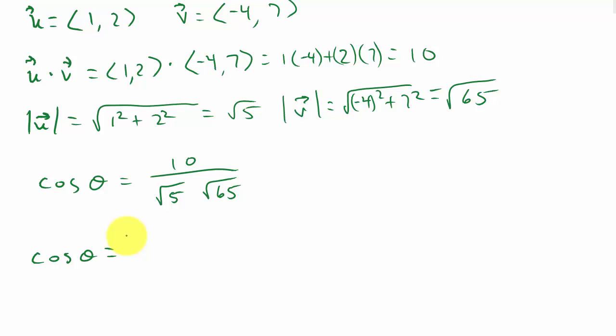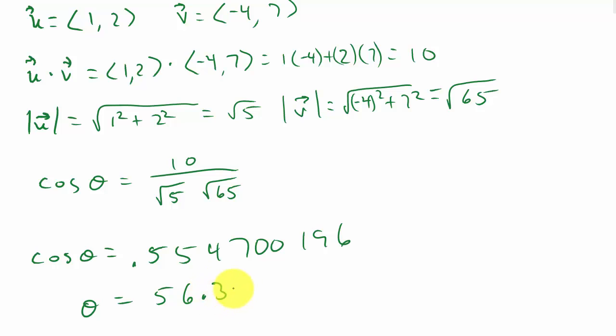Make sure you close the parentheses, and you should get 0.554700196. Then I do the inverse cosine of that, and I get 56.31 degrees. We'll round it to 2 decimals.